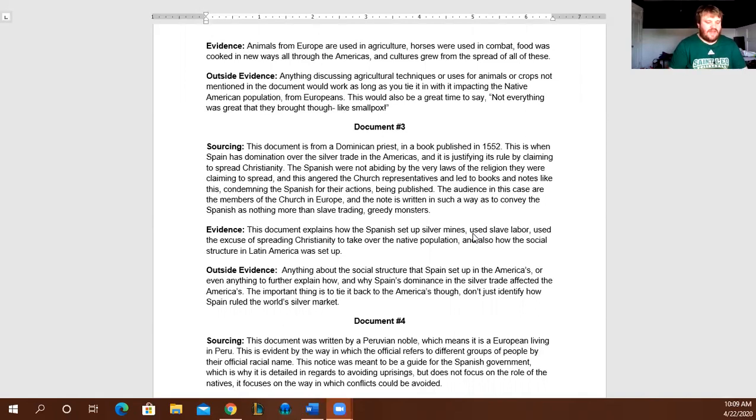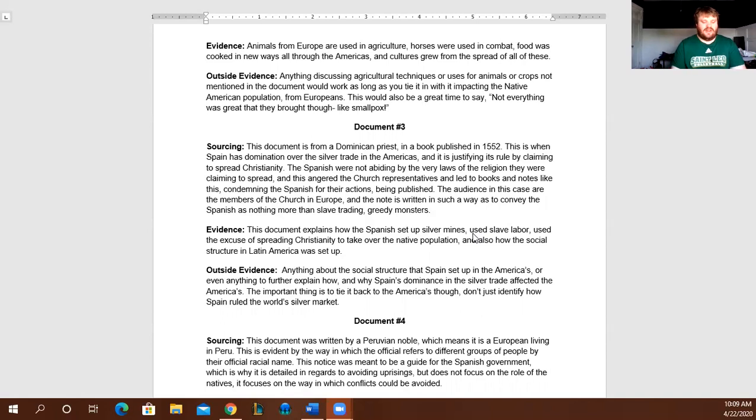So in terms of evidence, this document explains how the Spanish set up silver mines, used slave labor, used the excuse of spreading Christianity to take over the native population, and also how the social structure in Latin America was set up. That might be the best argument that you could make in terms of a lasting impact, is the fact that they set up a social structure that would remain for hundreds of years, establishing a pyramid of power within there, right?